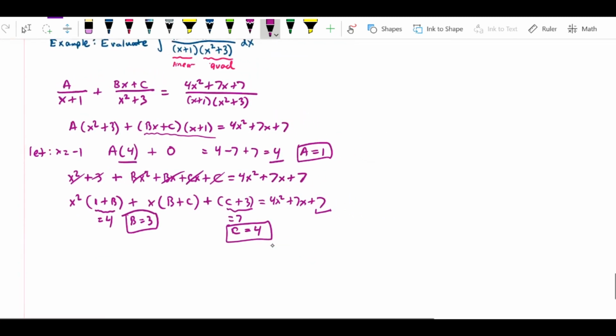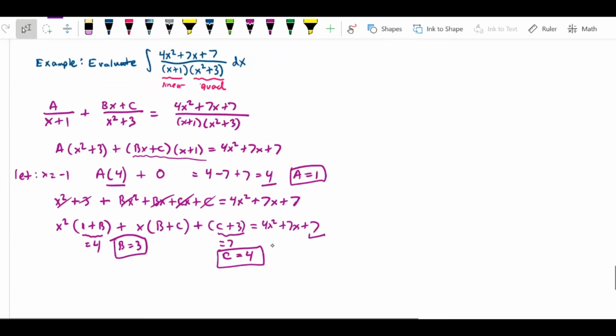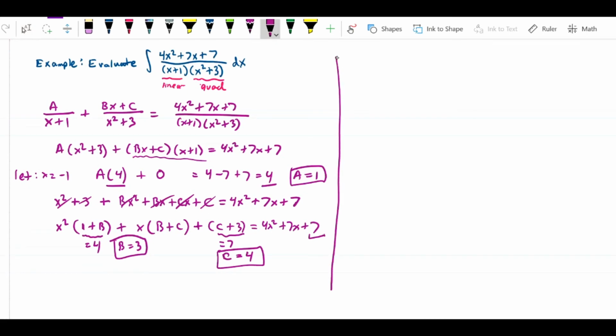So what this means, actually, is that the original integral, let's do it over here, is equal to the integral of 1 over x plus 1 plus bx plus c, that's going to be 3x plus 4, over x squared plus 3 dx.